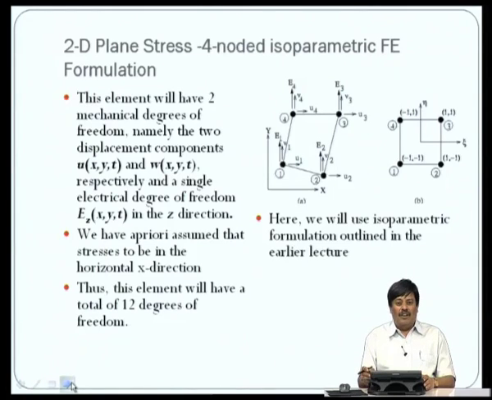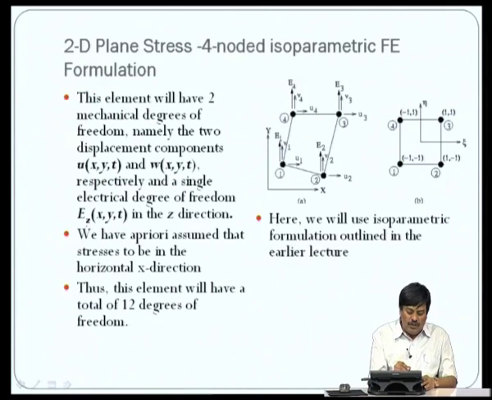In addition, because we have a smart degree of freedom, we are not assuming anything with regard to the uncoupling of the sensing and actuation law. We take it as it is. We also introduce a smart degree of freedom into the formulation, and this smart degree of freedom will be only in the z direction. So we use this.